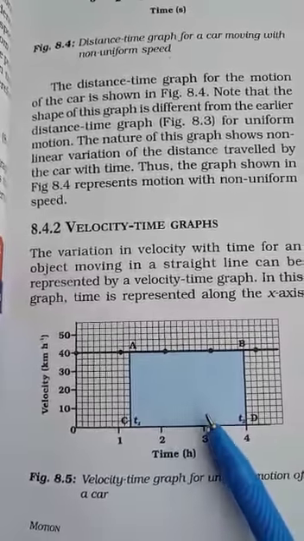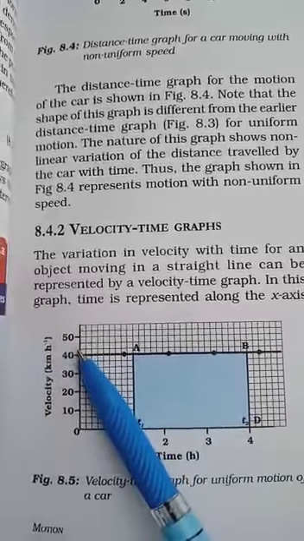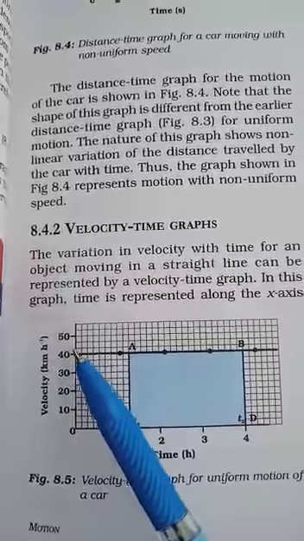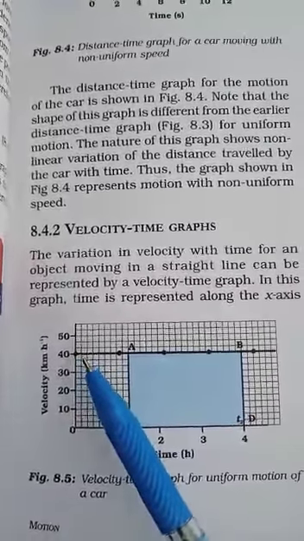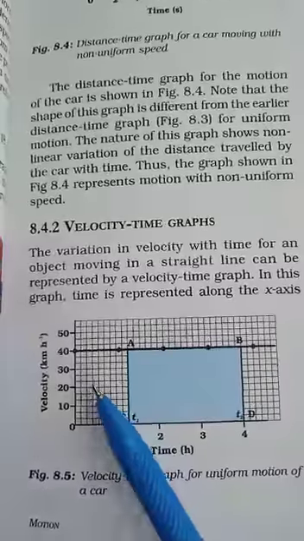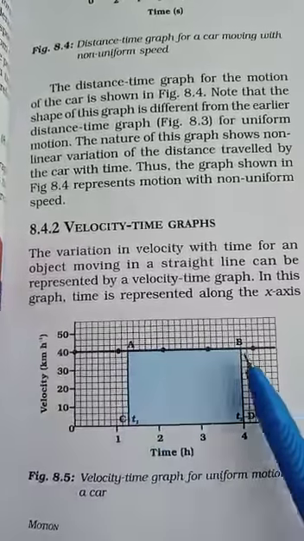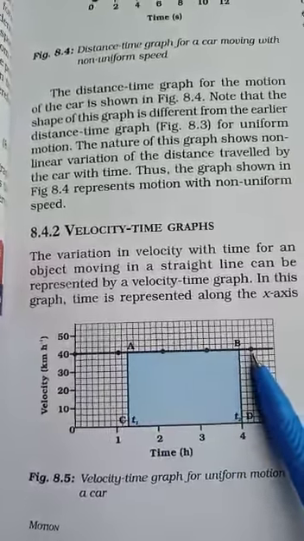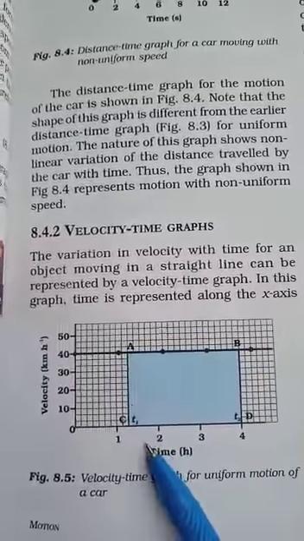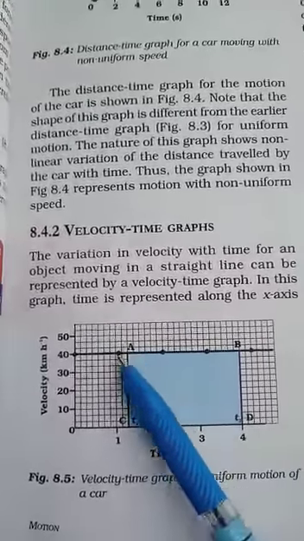The velocity of 40 kilometer per hour is represented by the height AC, this height AC.